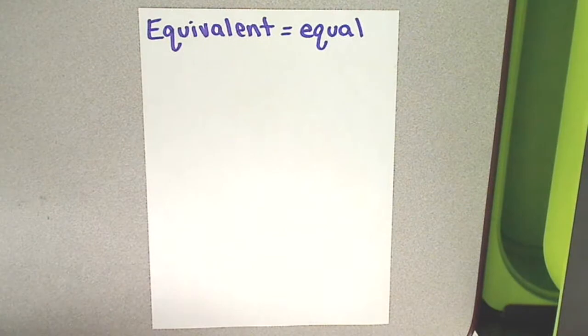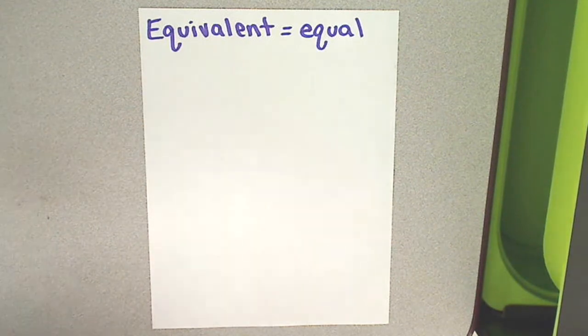In our case, the equivalent fractions we're going to be creating today are simply fractions that, while they may be broken up into more pieces or combined to create larger pieces, still equal the same amount.